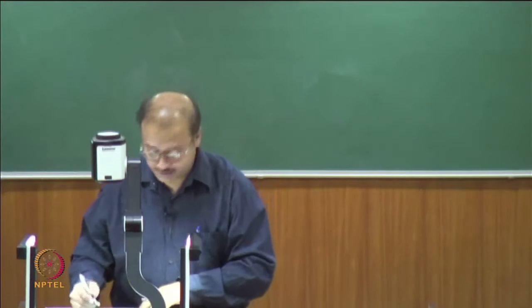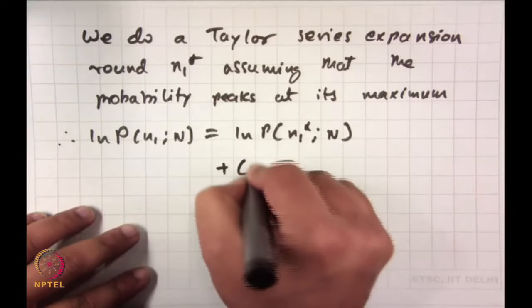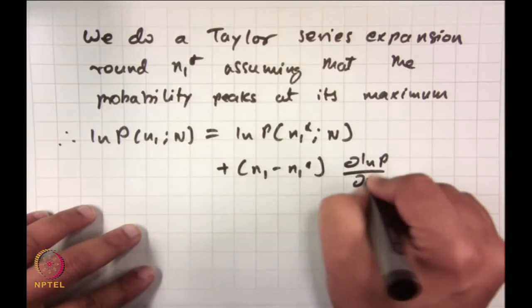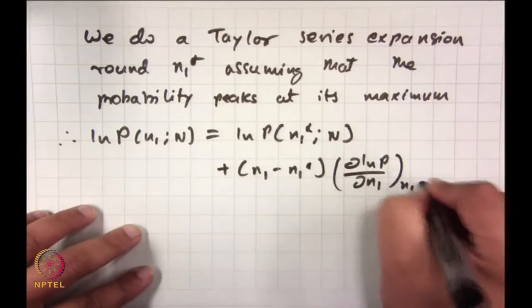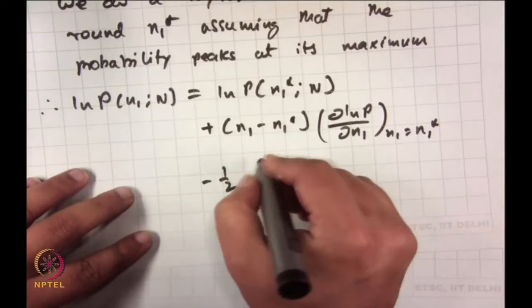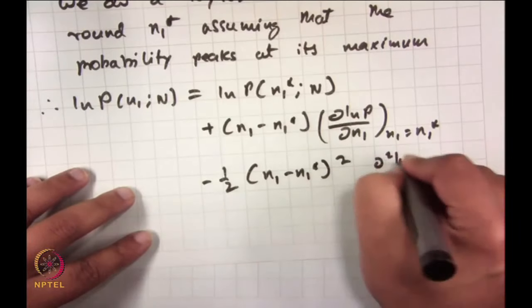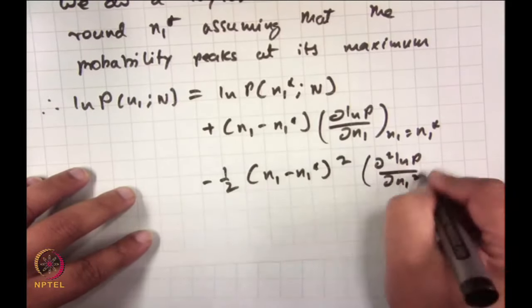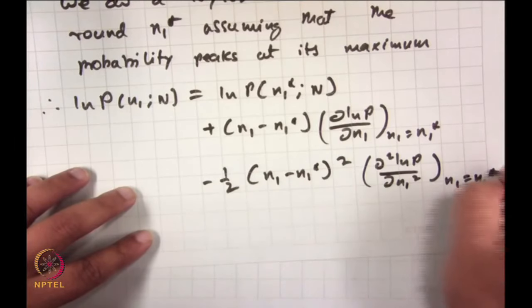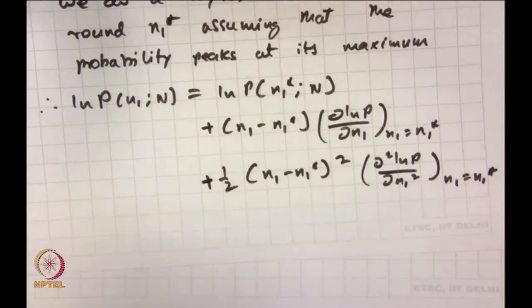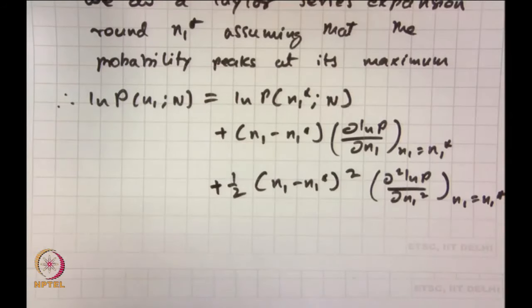So, this becomes plus n1 minus n1 star del ln p over del n1, at n1 is equal to n1 star, minus half n1 minus n1 star squared del 2 ln p over del n1 squared, at n1 is equal to n1 star. Now, that is essentially where you are doing the Taylor series expansion like this, all are positive quantities.